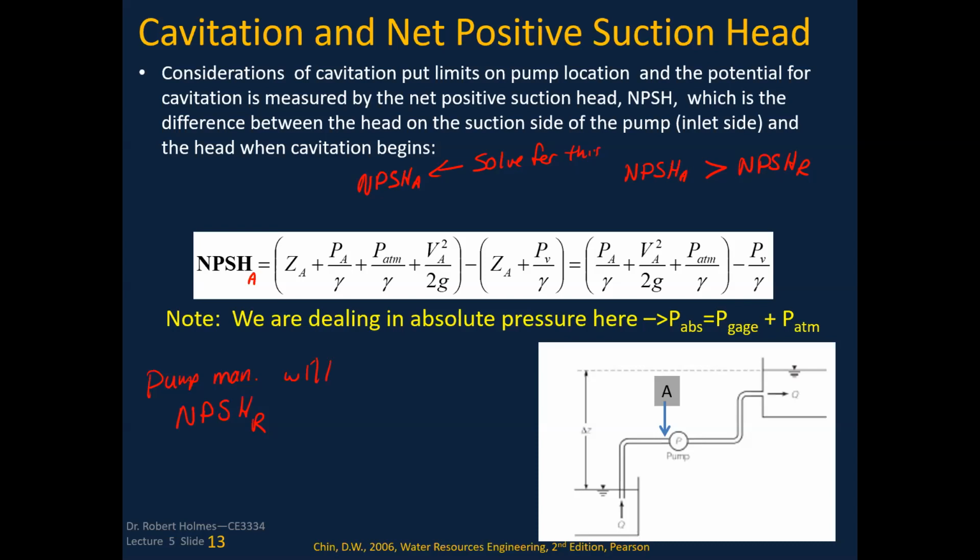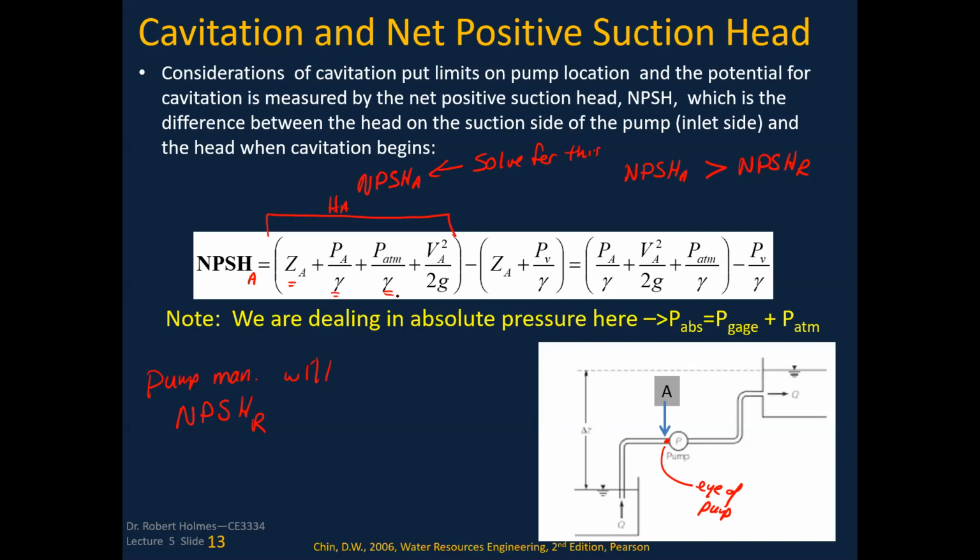We're going to take the total energy at point A, which is at the eye of the pump, on the upstream side of the pump. This is what we're going to call H sub A, the total energy at that location. So you've got the potential energy and the pressure energy.